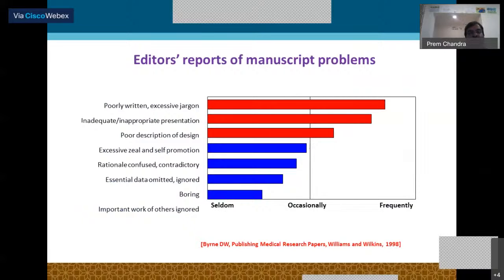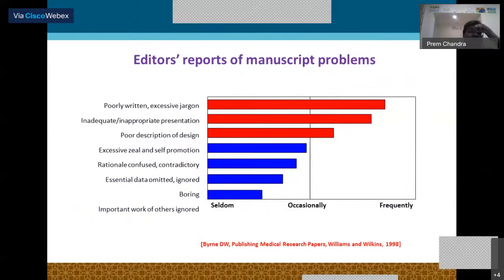This is why I again and again would like to focus on being very particular when we plan, design, and conduct the study. Because once the study is done, you cannot go back and correct the things which were not accurate at the design stage, the planning stage, or the data collection stage. This is the point which I would like to highlight here.